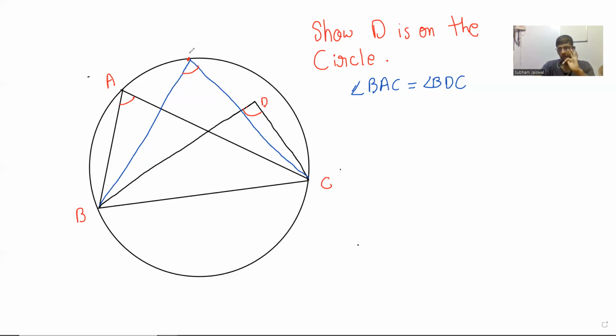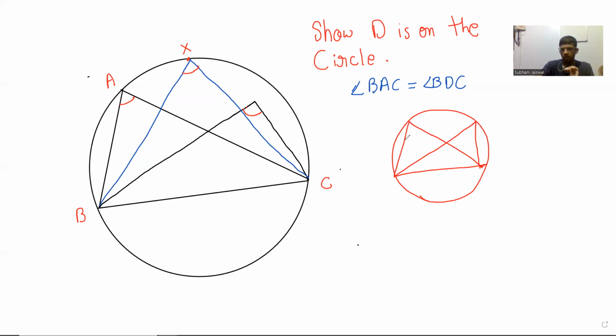If this point is on the circle, you can forget about this D for a second. Some other X, right? Then these two angles have to be equal. So you take a circle like this, and then we go like this. Then these two angles will be equal.